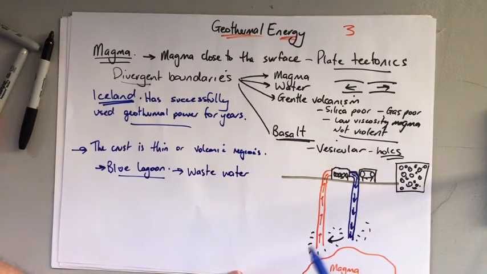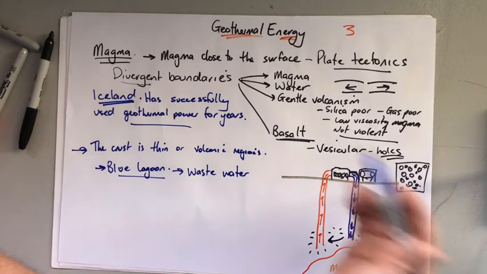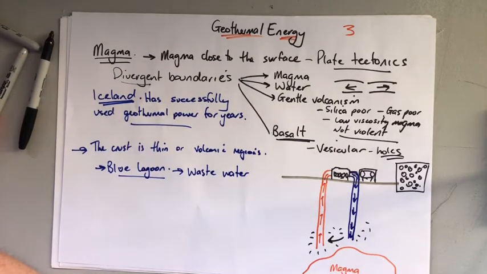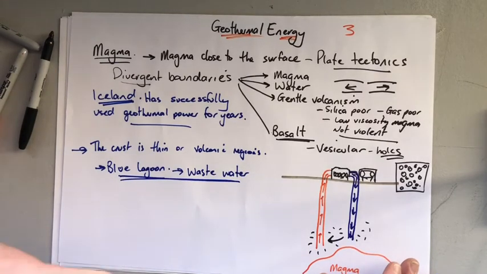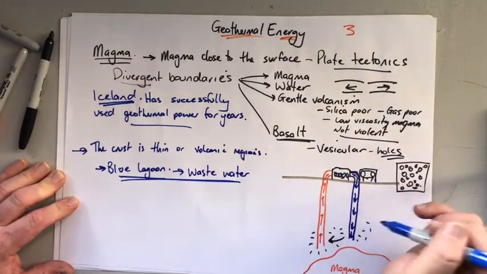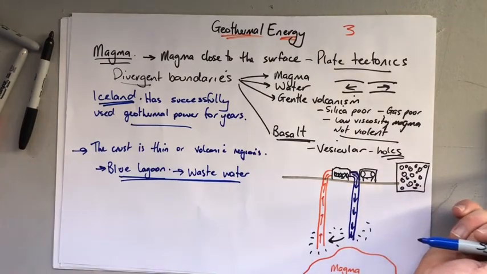Water is pumped underground and used to turn the turbine at the geothermal power plant, and then the water that is left over contains a silica residue or a silica mud in it, and they store it in these pools outside of the power plant.